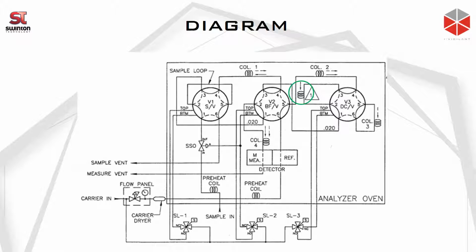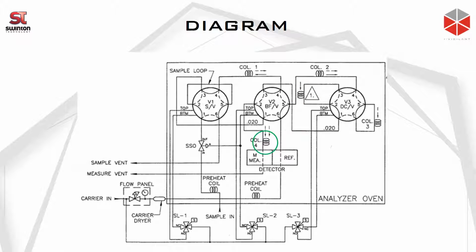Any changes in the flow rate will cause a change in the temperature, and it will cause a change in the thermal conductivity property. So the reason why we have this restrictor column is so that the flow rate will be very similar between the restrictor column and column 3, so that we don't see too much of a change in the temperature, which will affect the overall measurement of the gas itself.